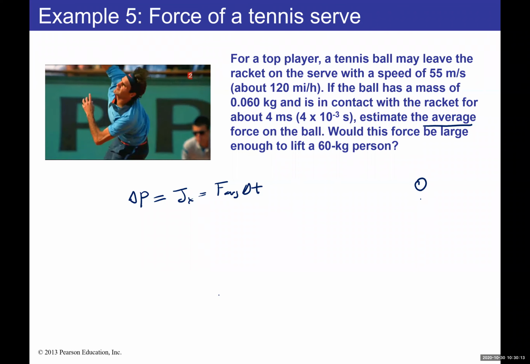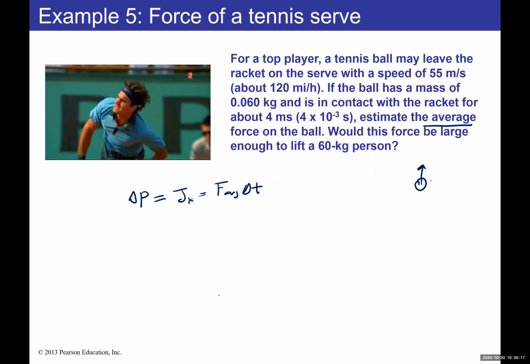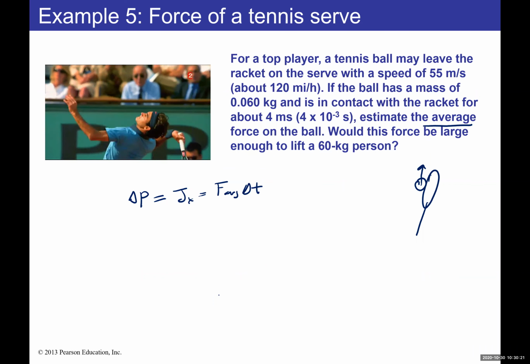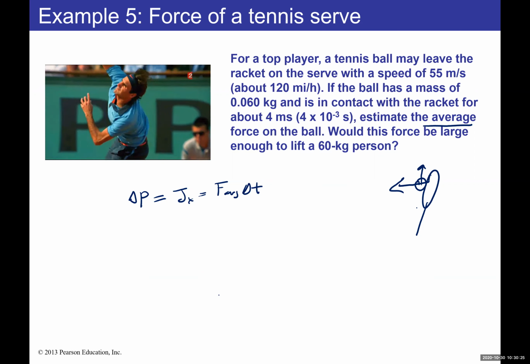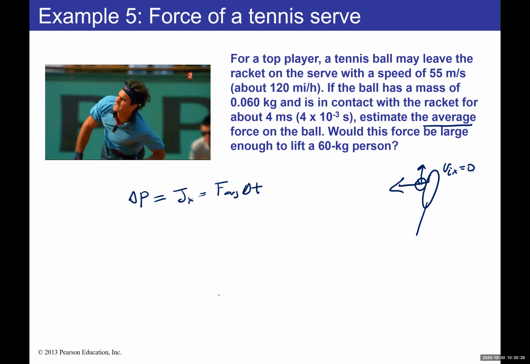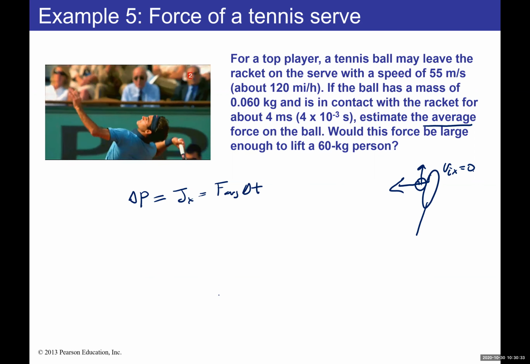Basically you throw the ball in a vertical direction, so it is moving vertically, and then you strike it with the racket. We are looking at when the force is like this, more or less. So initially the object has no horizontal velocity because it's only moving vertically, and then you strike it in a horizontal direction.